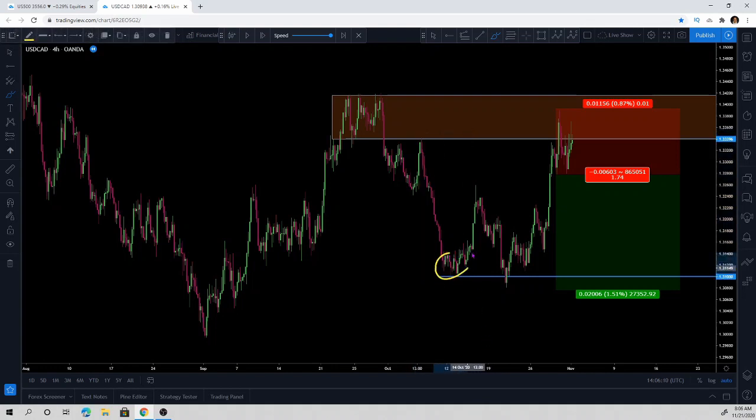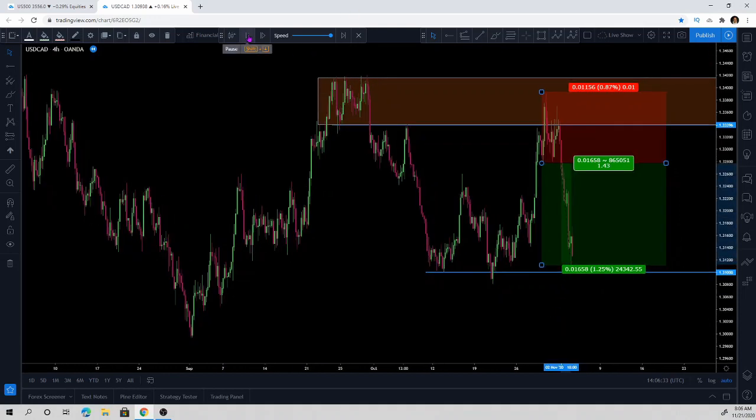And here is where bears lost control and bulls spiked price up to the next low. So these should be our targets, and we do not want to be greedy. So we're going to put our targets around 131.20 to 131.15.